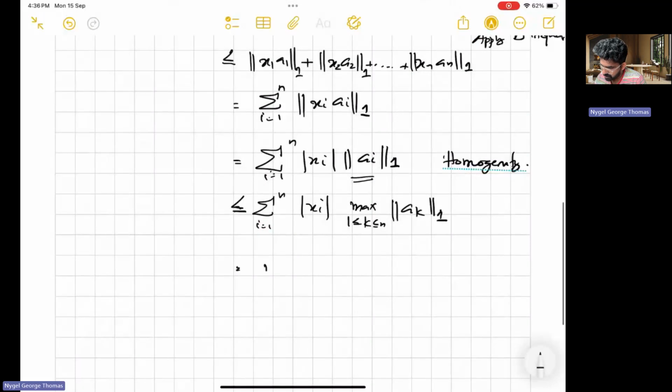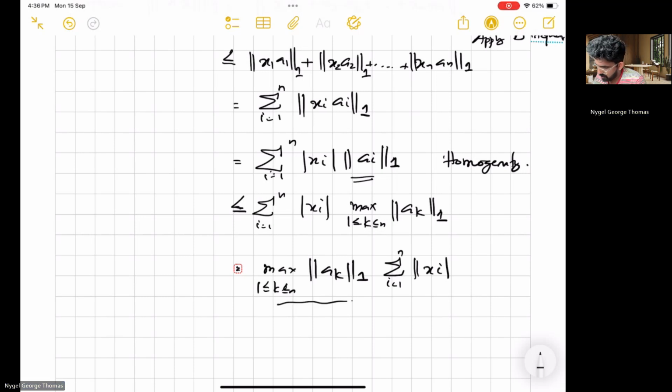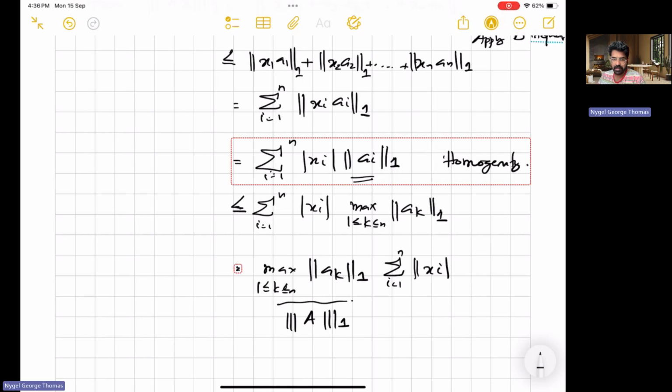This is equal to the max over 1 less than or equal to k less than or equal to n of the norm of ak, times the sum over i equal to 1 to n of the modulus of xi. This is actually the definition of the column sum norm, and this is the definition of the L1 norm of x.